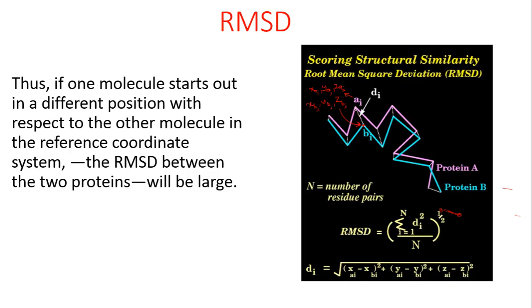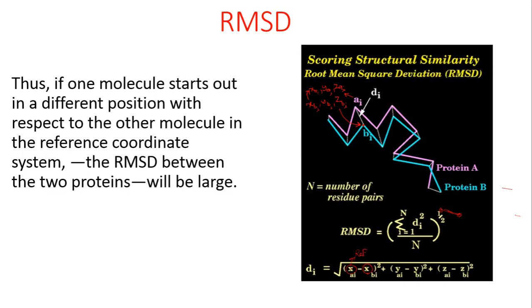Now, in order to find the distance between these two atoms, you subtract the coordinate of the model from the reference model. So for the model for which the RMSD is supposed to be determined, its x coordinate is to be subtracted from the reference model.